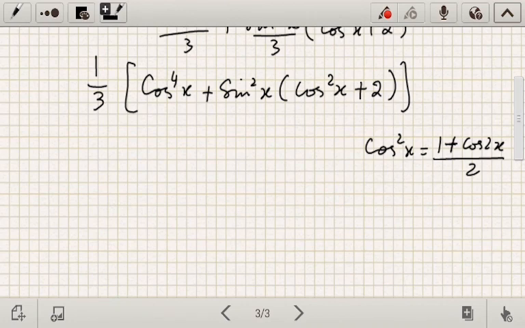Right? So since here we have cos to the power 4x, we can double this like this, and on the right hand side it's also going to have a square.